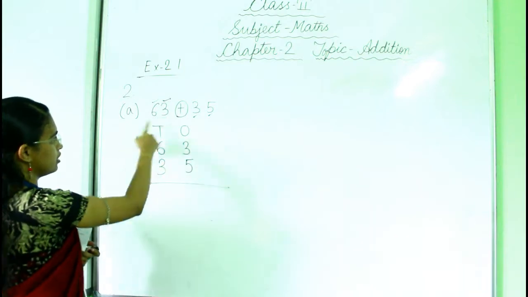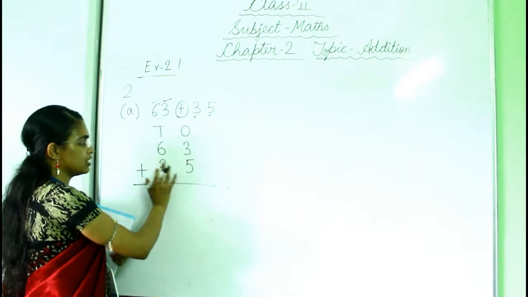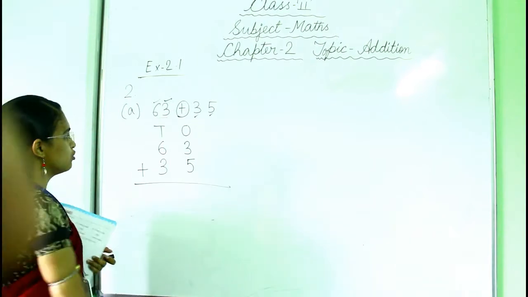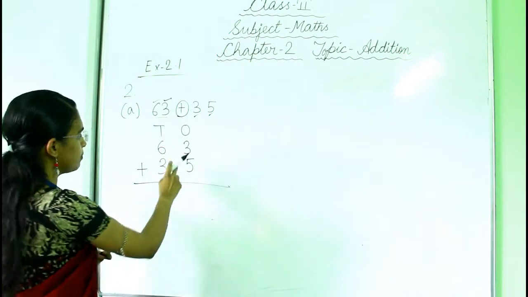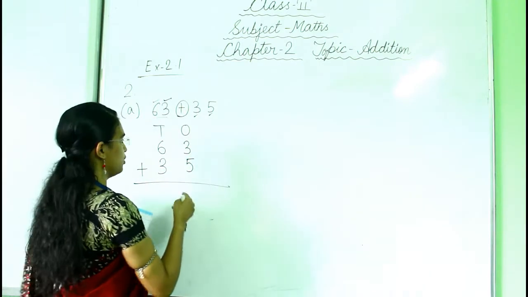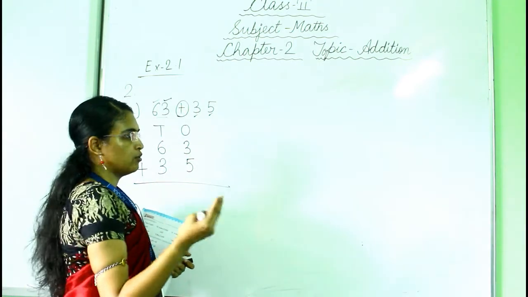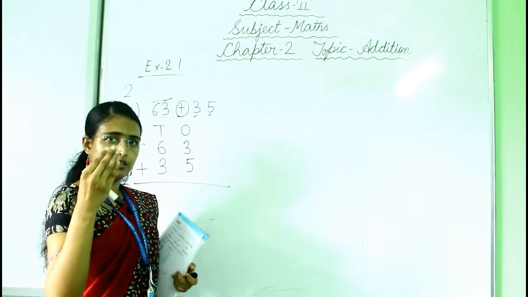Now after putting these addends in their places, what you have to do? You have to add the ones place first. So 3 plus 5, we have to add 3 plus 5. We will count after 5. Okay, we will count 3 lines after 5.